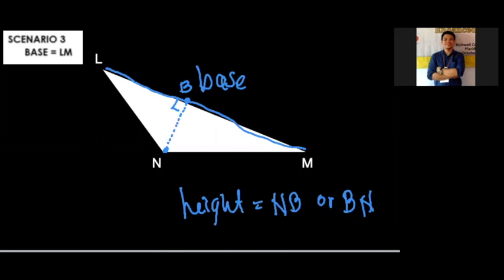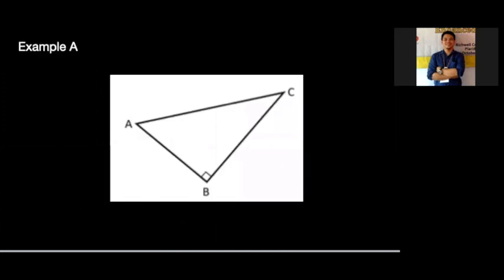Let's try some more examples. For example A, for triangle ABC, if the base is AB, then what do you think will be the height?